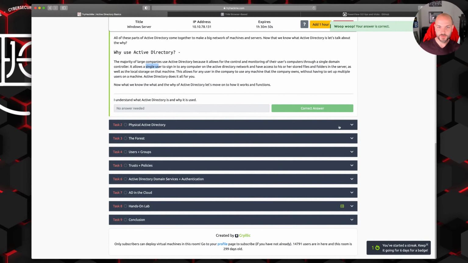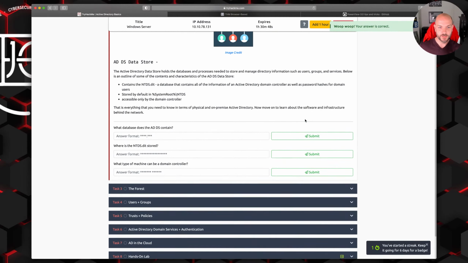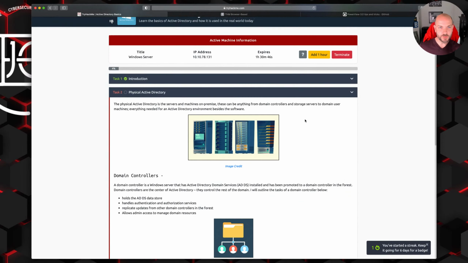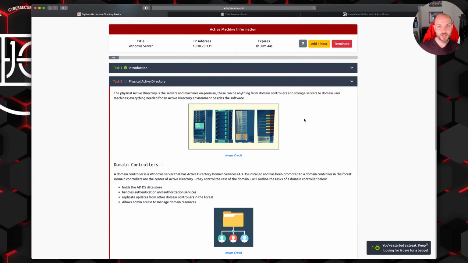All right, so physical Active Directory. Let's see what they got going on here. If we're talking about physical Active Directory, we're actually talking about on-premise servers, so not necessarily Azure and cloud-based types of services.